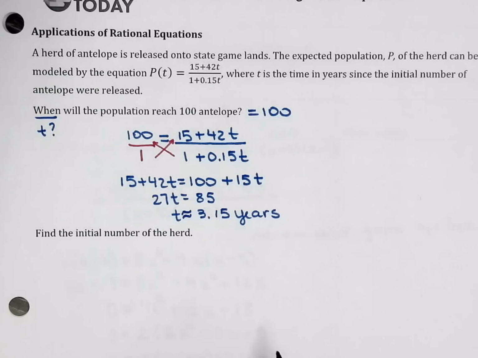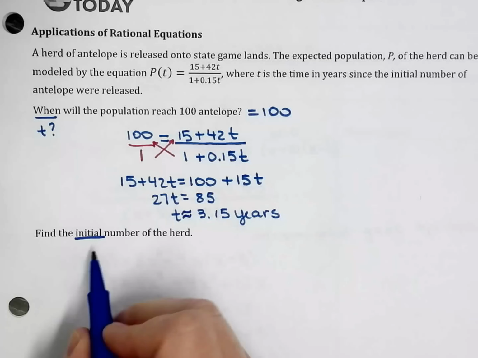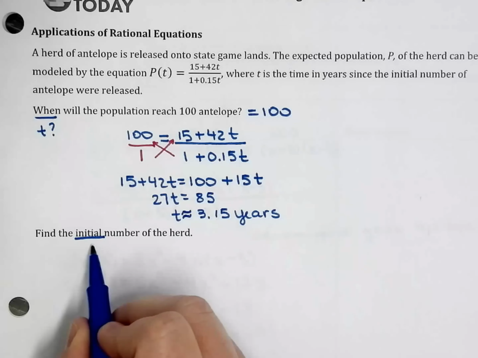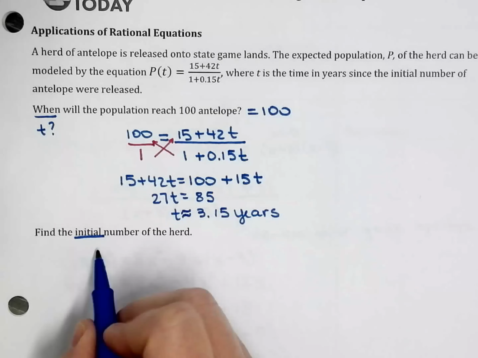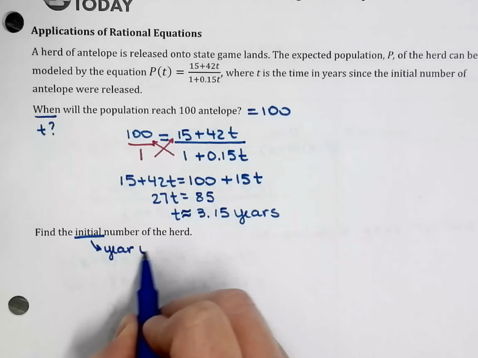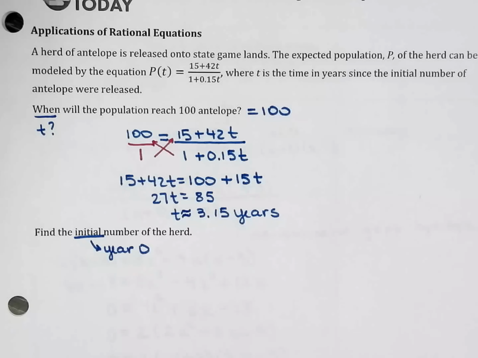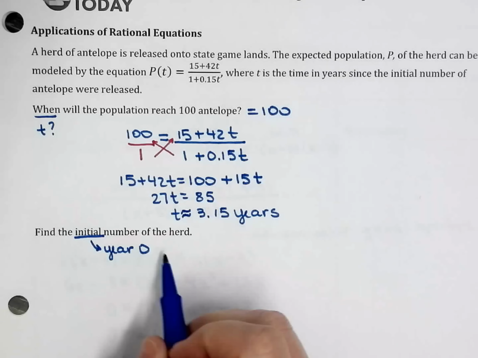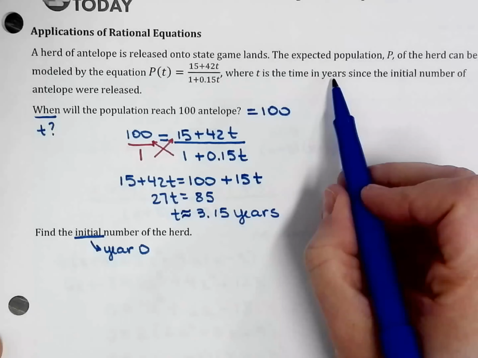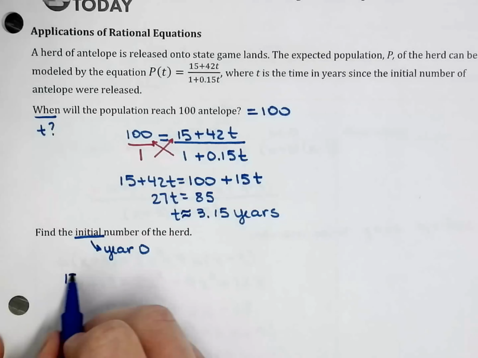Okay, find the initial number of the herd. Initial means with how many animals did the herd start? So at year 0, because that's the beginning. Year is time, so we're going to replace t with 0 right there.